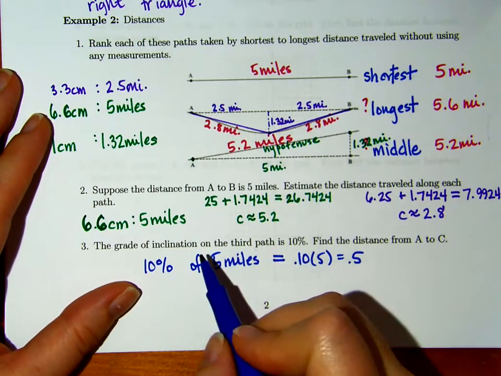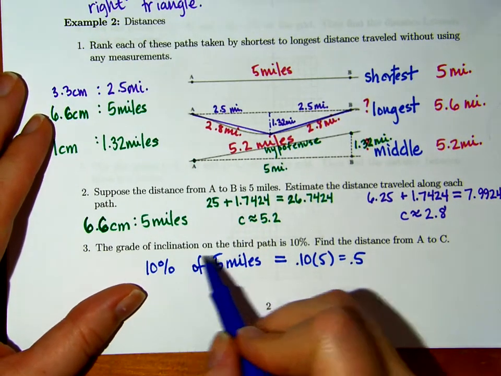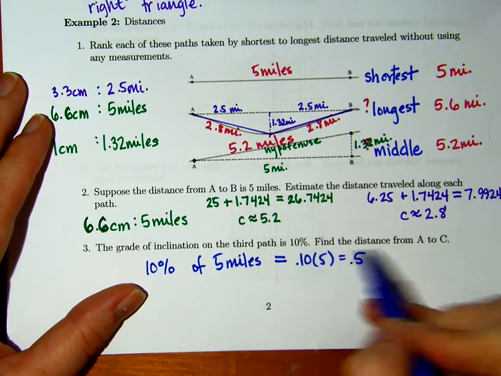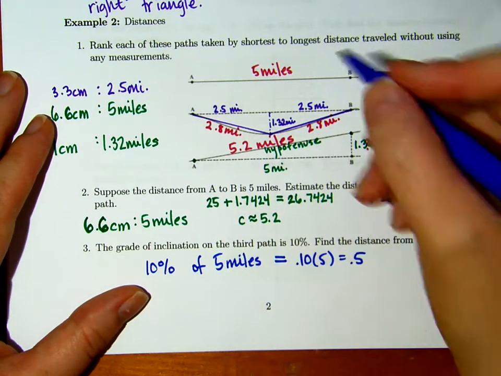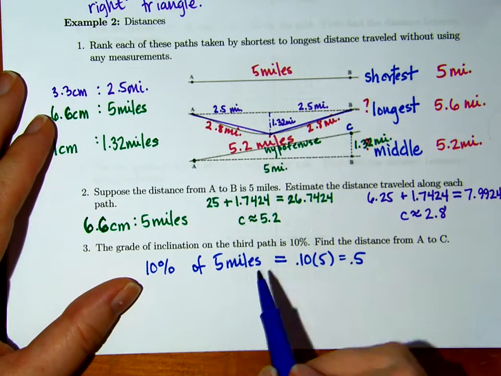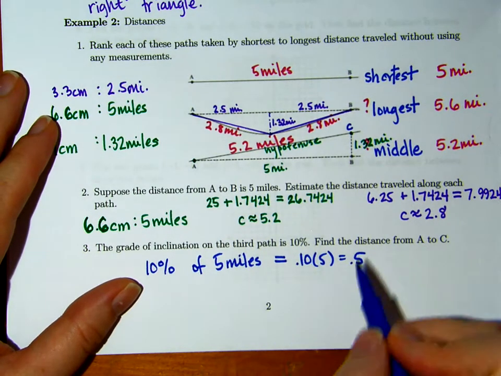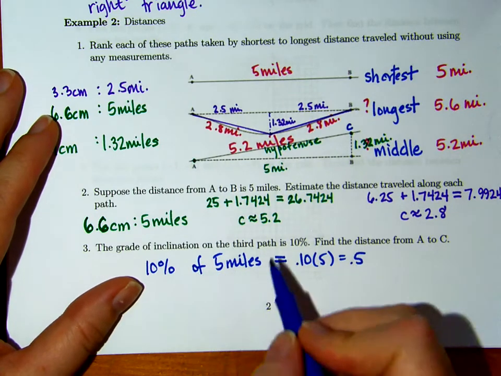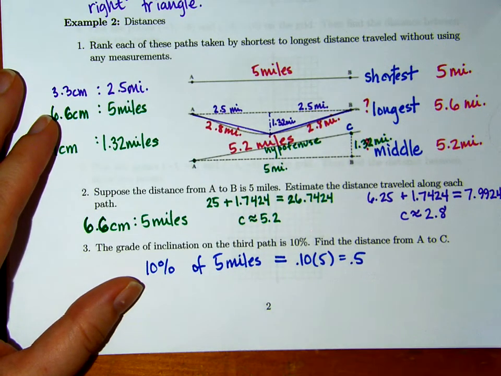If the grade of inclination on the third path is 10%, find the distance from A to C. 10% of the base is 5 miles. I'm sorry, 10% of the 5 miles is a half of a mile.